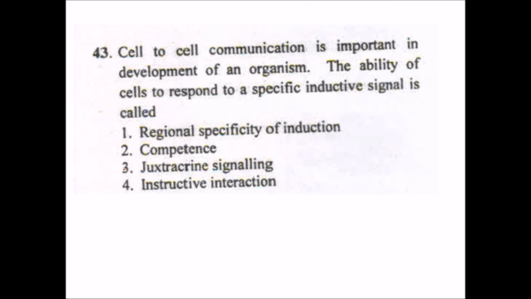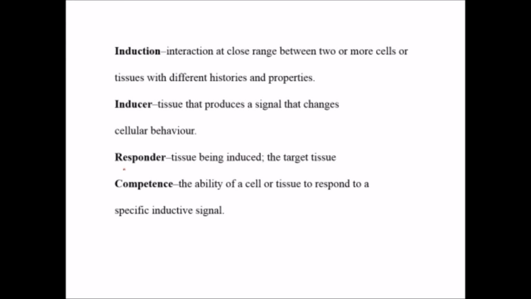Next question is, cell-to-cell communication is important in development of an organism. The ability of a cell to respond to a specific inductive signal is called. Before answering this, actually the answer is competence, and let me give some definitions. Here is a definition of induction.